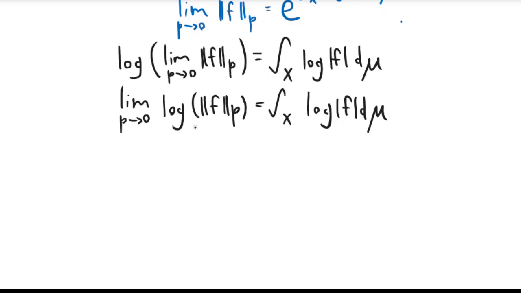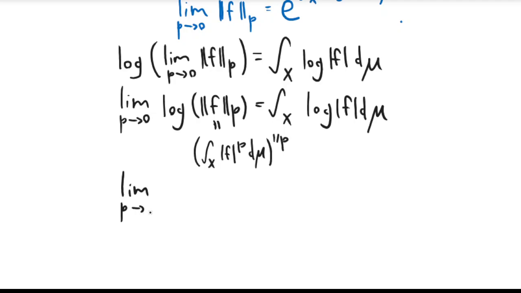And of course, what is the p-norm of f? The p-norm of f is, by definition, the integral of f to the p in absolute value raised to the 1 over p power. So all of this is inside of this log. And so that means that we can take this power out.